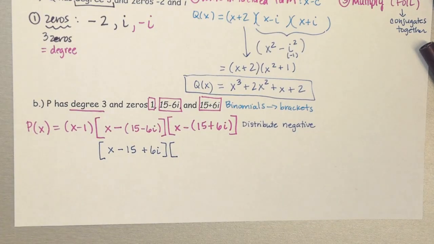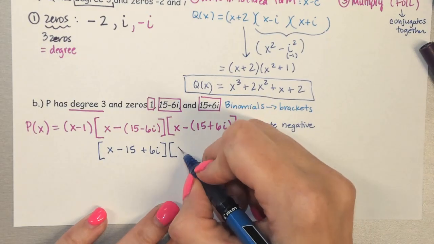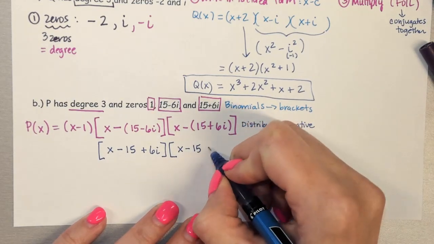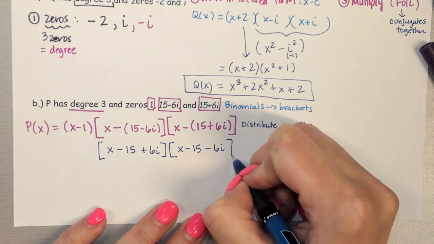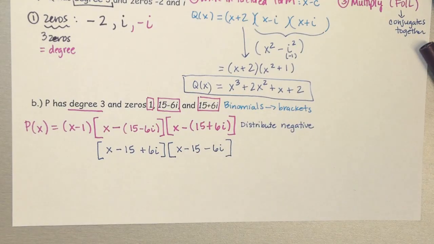Okay, and then why don't you go ahead and distribute the second one? Okay, and then is there anything you notice about these terms here? You have x minus 15 plus 6i, x minus 15 minus 6i. What's something we recognize?